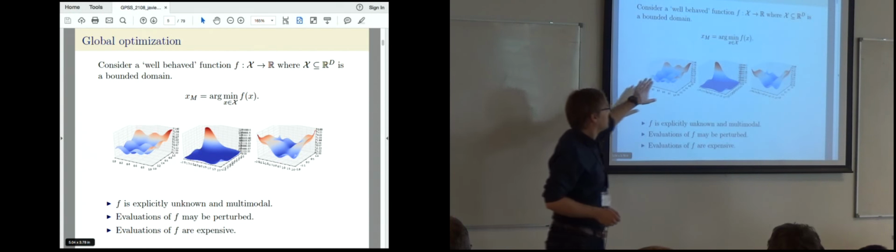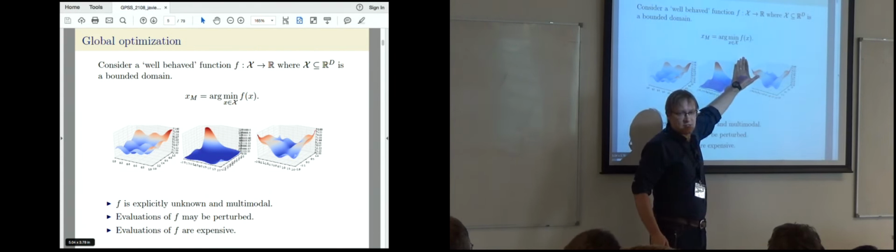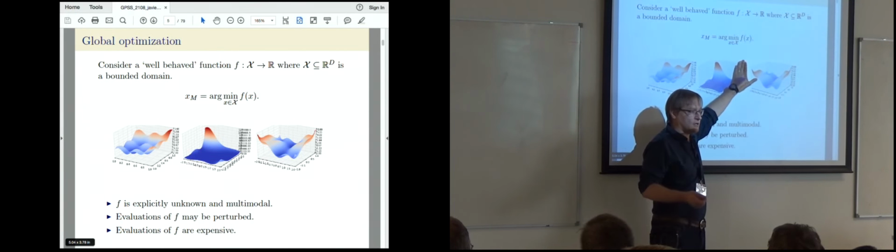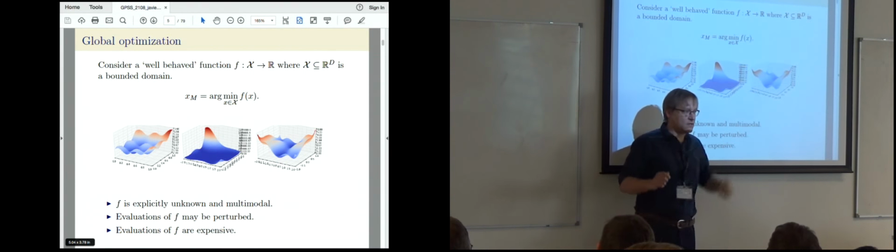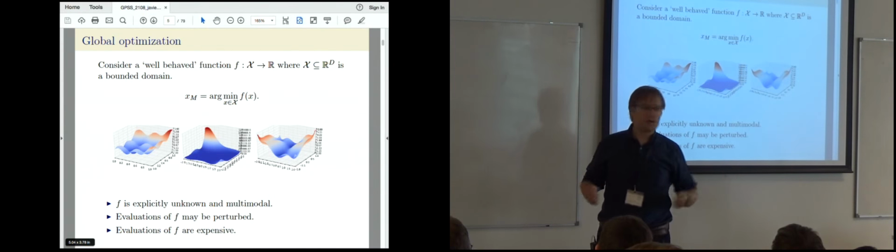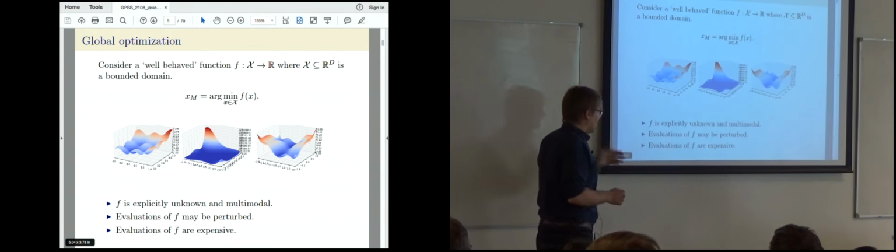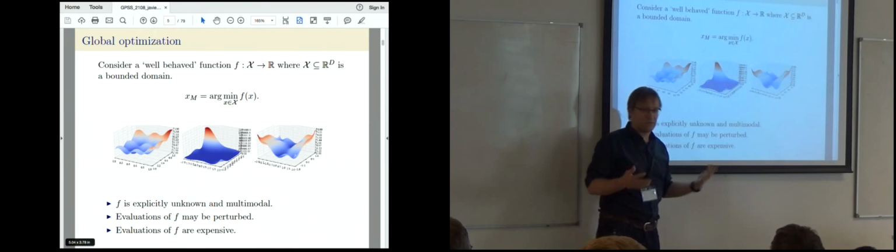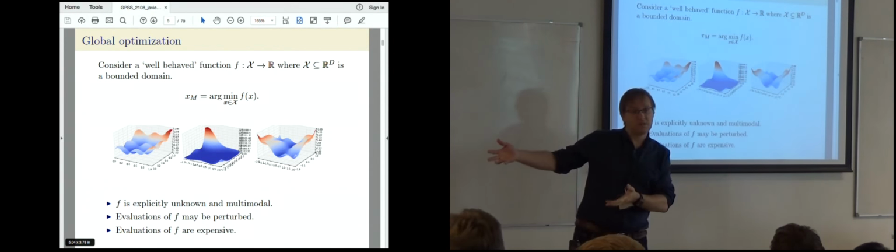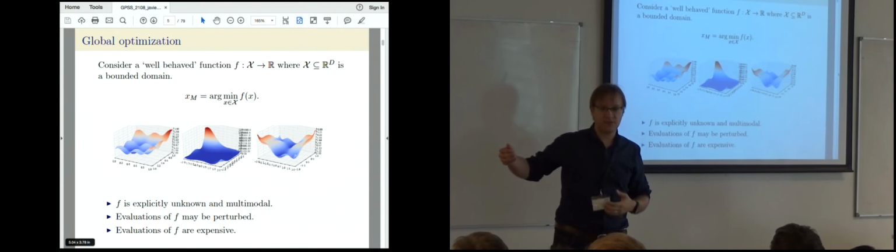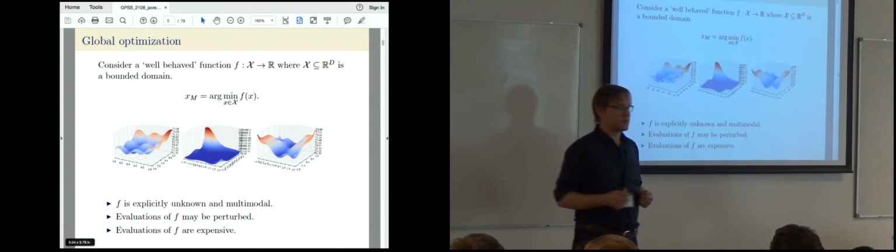So this function here, although we cannot write it explicitly, what we know is that we can query it at points in the domain, but whenever we query that function, that's going to take a lot of time, right? And that's going to be expensive. And of course, evaluation of f may be perturbed. It may be that when we run a lab experiment, because we are optimizing some physical process, we get some errors because of the experiment that we have, right?